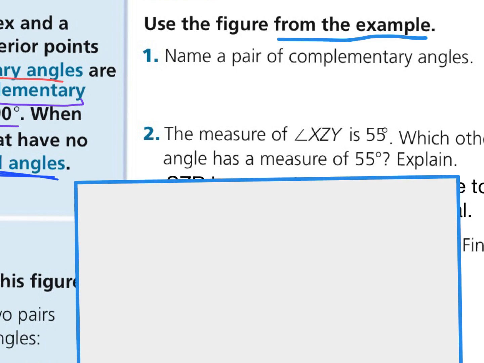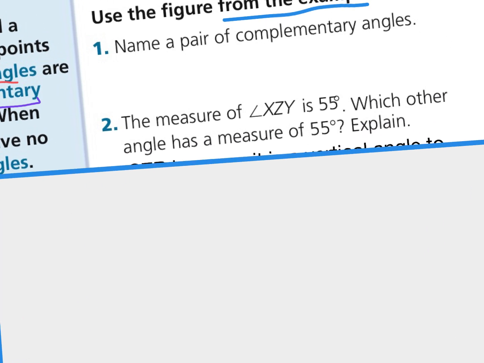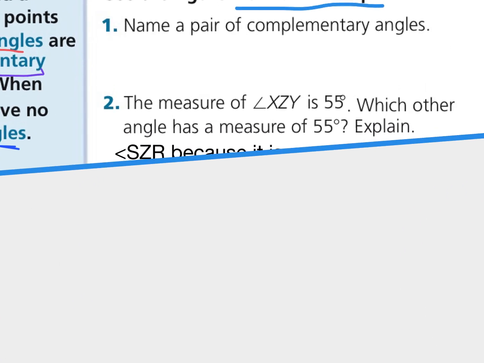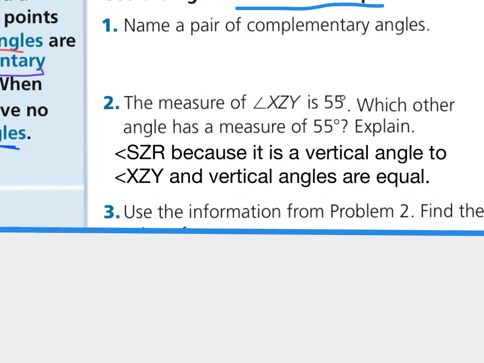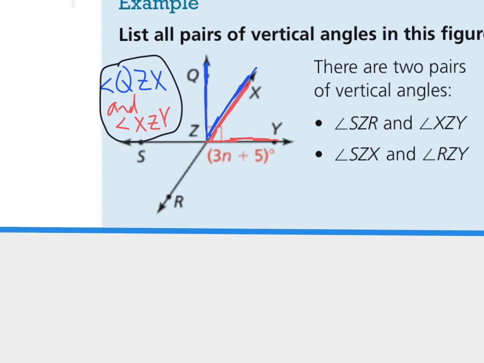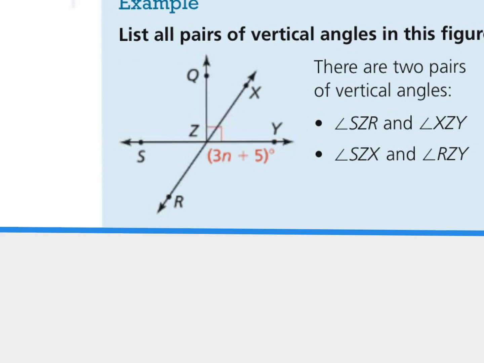And then if you look at number 2, if the measure of angle XZY is 55 degrees, which other angle has a measure of 55 degrees? That would be angle SZR. So if you look at XZY, take this off of here, okay?